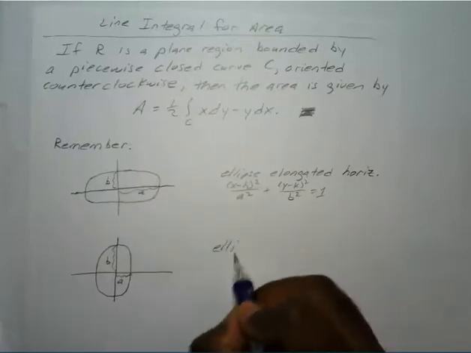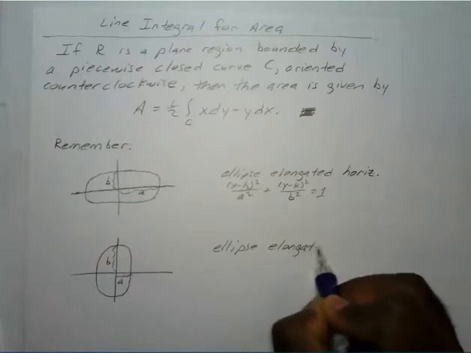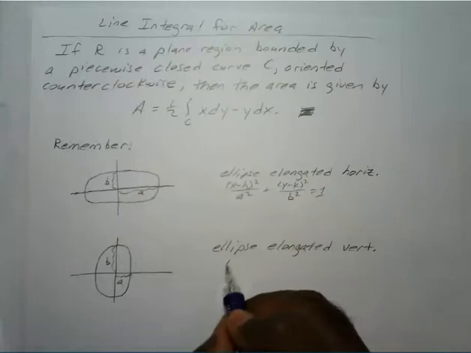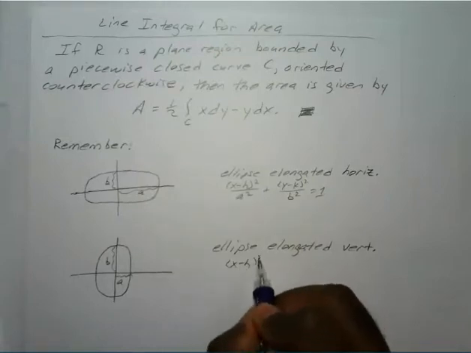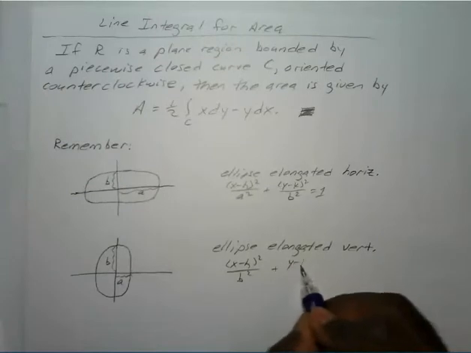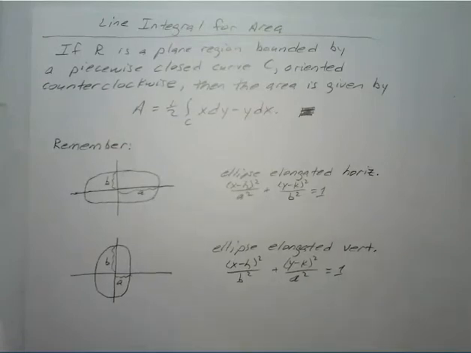All right, so an ellipse elongated vertically, you have (x minus h) squared over b squared plus (y minus k) squared over a squared equals 1. Now what does this tell us?